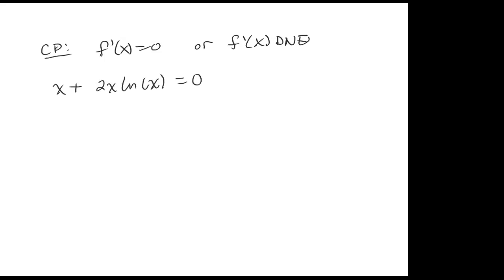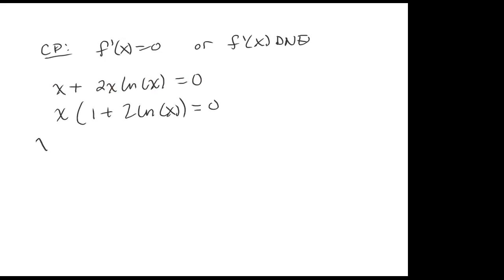I think that I'm going to factor this. It looks like I have two terms involving x, and they both have a common factor of x. So if I factor that out, then I'll be able to set each factor equal to 0. Factor out x times 1 plus 2 times the natural log of x is equal to 0.